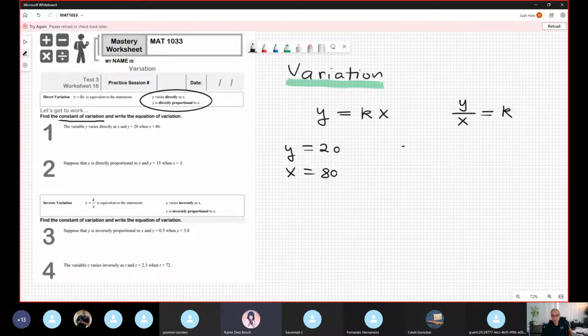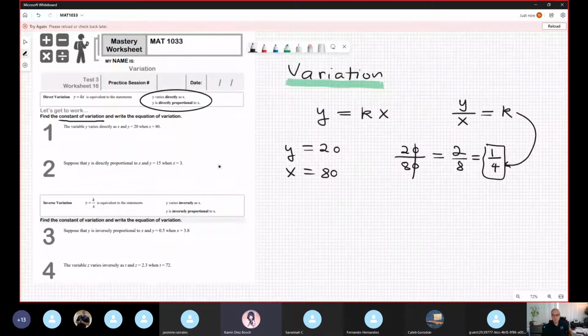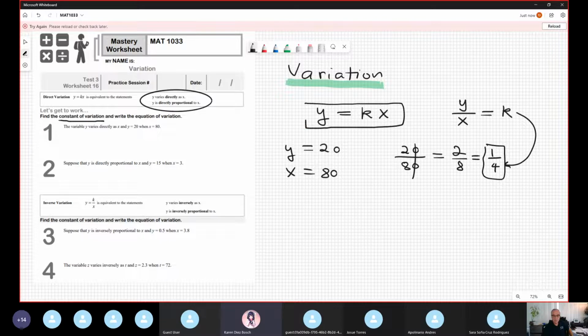Well, you divide 20 over 80. The zeros cancel, it's 2 over 8, and you reduce it to 1 over 4. This is the constant, this is k. Any question? This is the formula. Clear.